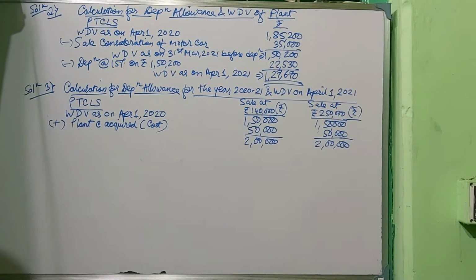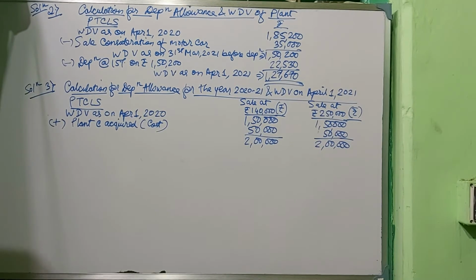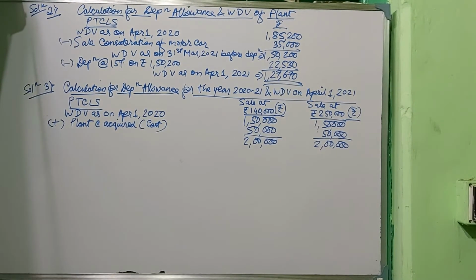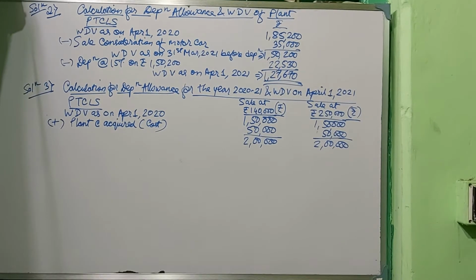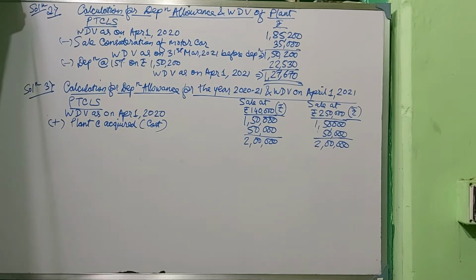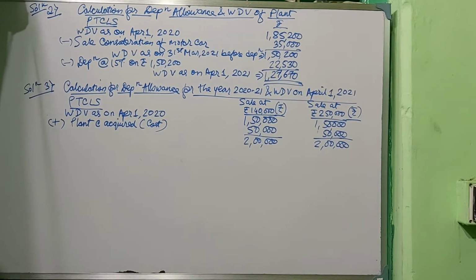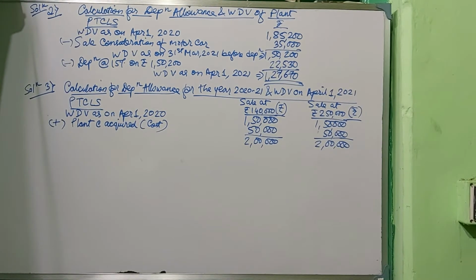Now sale consideration. You see, for the first, your sale consideration is 1,40,000, so no problem. 60,000 you will be getting as the WDV before charging depreciation in the first case. But what will happen in the second case? See, your purchase cost is 2 lakh, but you are selling at rupees 2,50,000. That cannot be the case, right? You cannot sell more than what you have purchased. You cannot go beyond 2 lakh to make the sale, because the amount still in your hand is rupees 2 lakh.